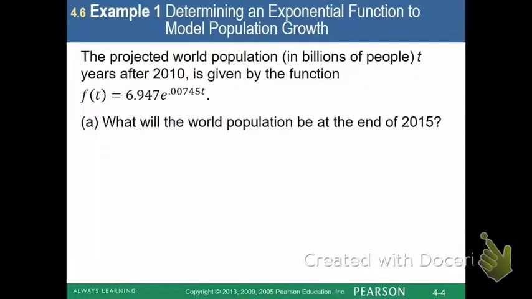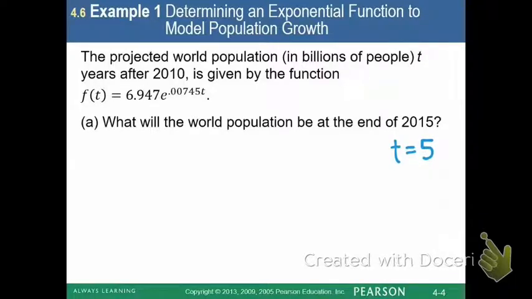So here is our first problem. It says the projected world population in billions of people t years after 2010 is given by this function. What will the world population be at the end of 2015? So we need to figure out what t is going to be. It says that t is the number of years after 2010. So since they're asking about 2015, t is going to be equal to 5.